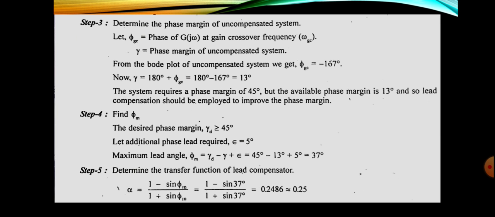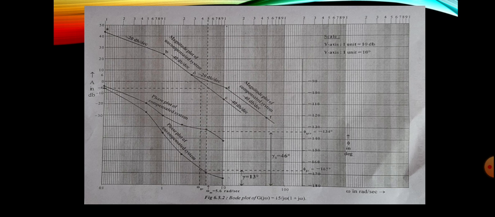For the phase margin corresponding to the uncompensated system, again go to the graph. You know that phase margin is obtained at the gain crossover frequency. First of all, what is the gain crossover frequency? For that you have to go to the magnitude plot. You have to go for zero magnitude. Zero magnitude means zero gain.